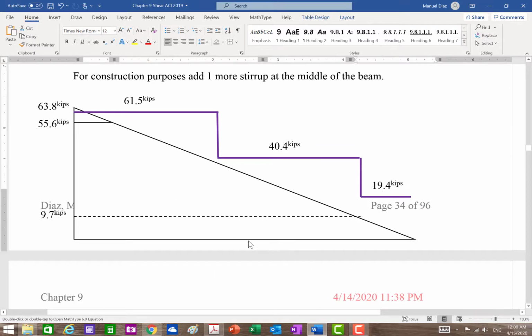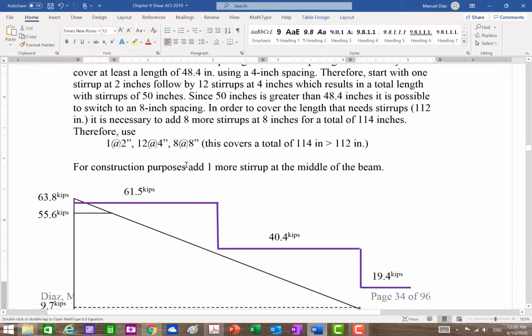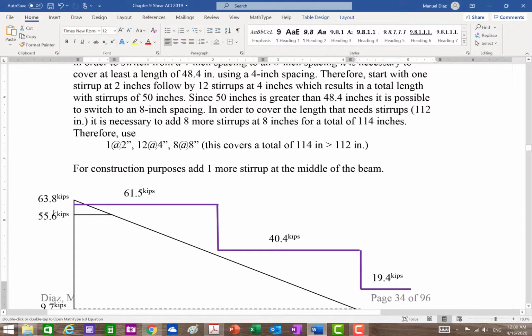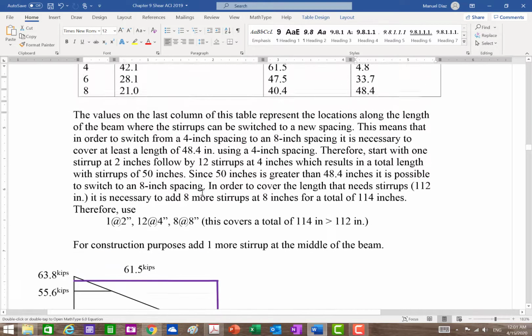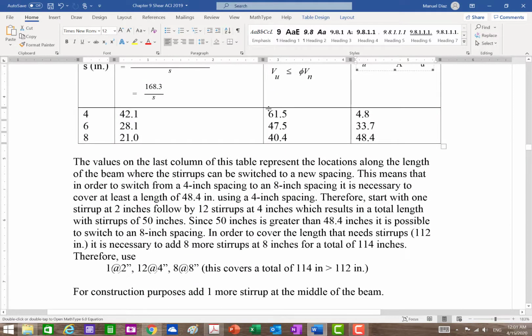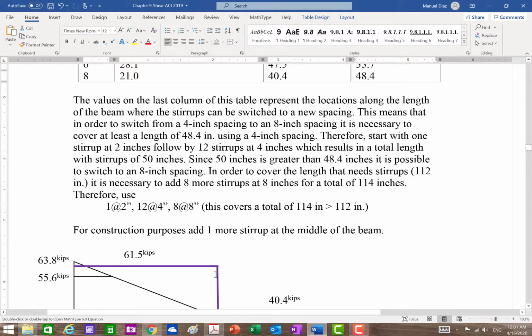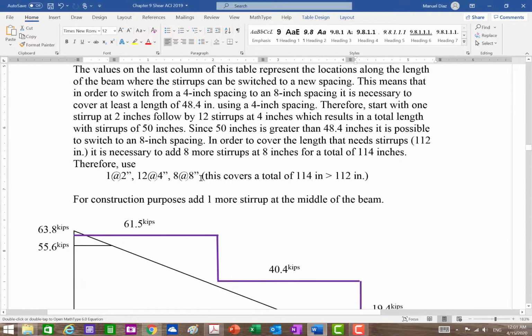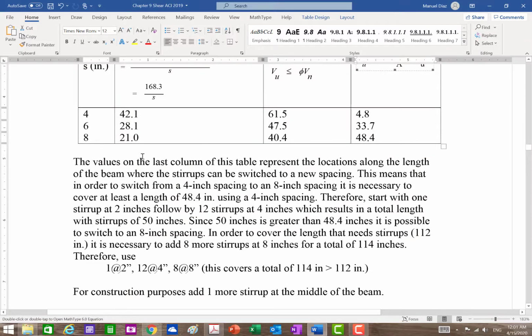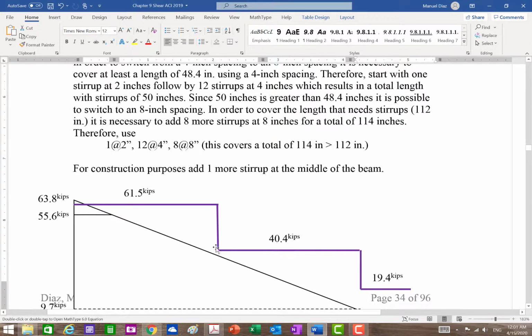So what you have done, for a distance of 50 inches, so from here to here, you are providing 61.5. 61.5, because that's what you're providing, right? At that moment, when you reach the 50 inches, you drop and you go to number 8 at 8. Now you're providing 40.4. So at that moment you drop, you're now providing 40.4.